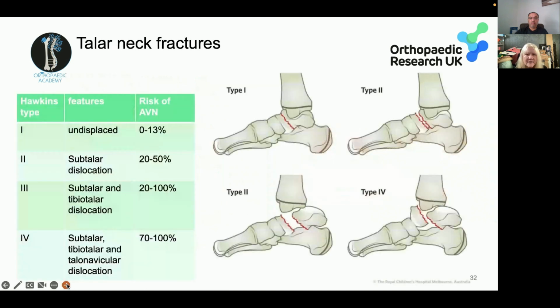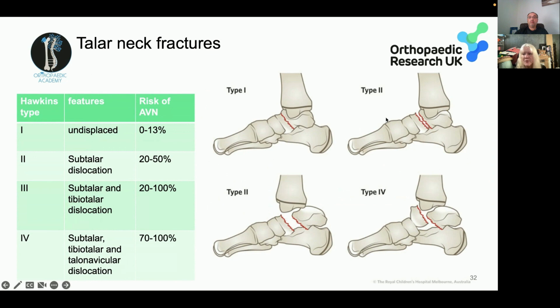Let's have a look at some of these. So this is the classification system. I don't expect you to know the classification system, but it helps to understand why these can be concerning. We're talking about the talar neck here, so that little indentation. If we've got one that's undisplaced, chances are the blood supply is all right, so the risk of avascular necrosis is between 0 and 13%.